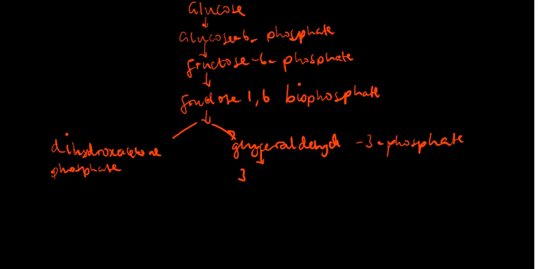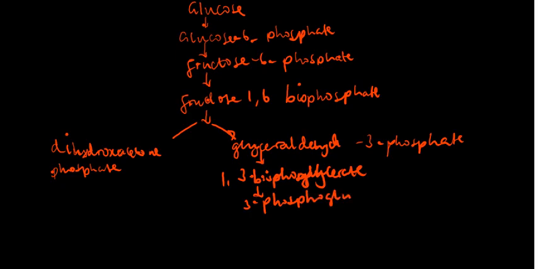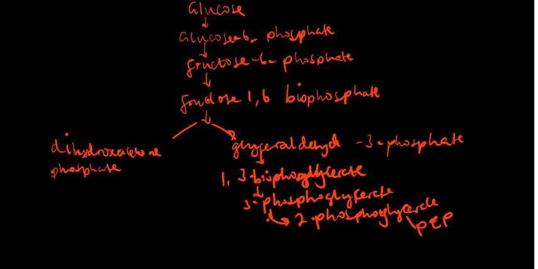You have 1,3 bisphosphoglycerate, then 3-phosphoglycerate, then 2-phosphoglycerate. Then you have phosphoenolpyruvate, which I'll just put in initials, PEP.